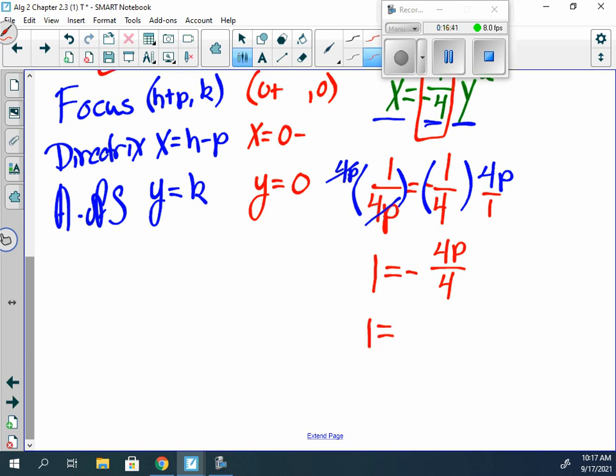It would be negative p, yes? So how could I get this positive? Well, we would just divide by negative 1 and say that p is equal to negative 1.